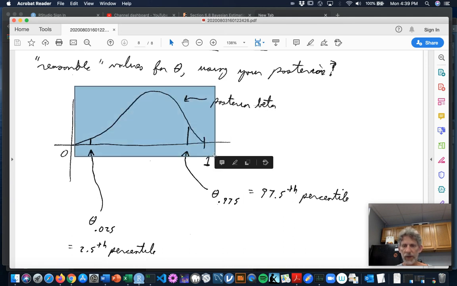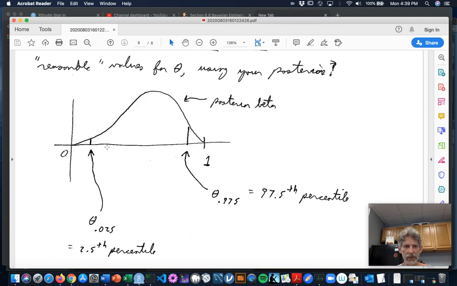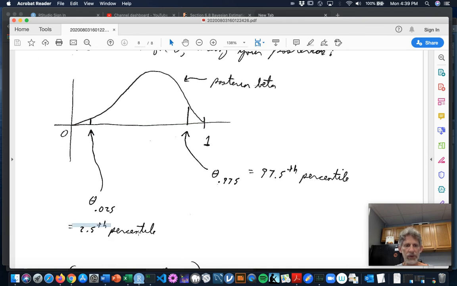So here's that posterior beta distribution, maybe graphed, going from 0 to 1. I'll go to the 2.5th percentile, so that's called theta 0.025. And I'll go to the 97.5th percentile, theta 0.975.